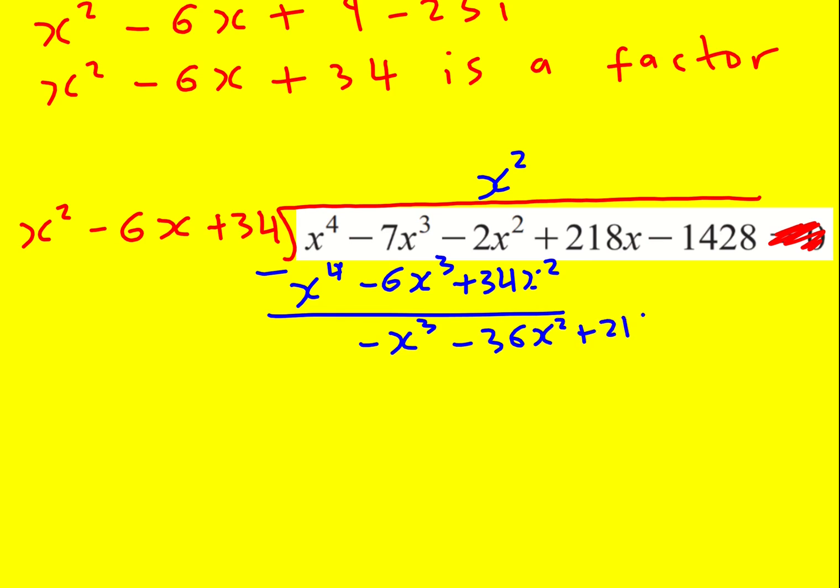Bring down that 218x. X squared into this, go minus x. Multiply back through. Subtract.